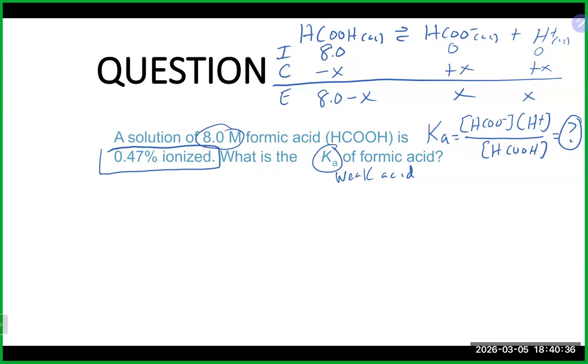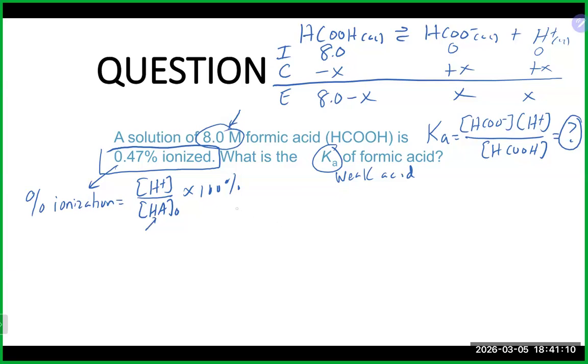So as we just saw in the previous slide, to calculate the percent ionization, that is the concentration of the free H plus in the solution divided by the initial concentration of the acid times 100%. Now, I have a lot of that information given to me in the problem. I know that it is 0.47% ionized. I know the initial concentration of my acid. That's going to allow me to solve for the H plus concentration.